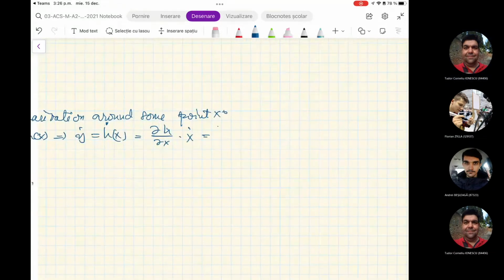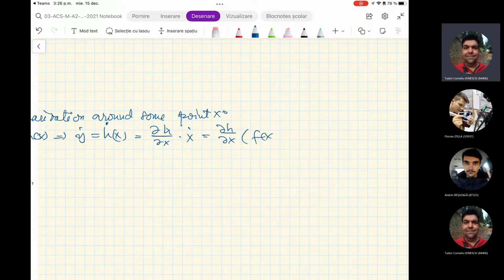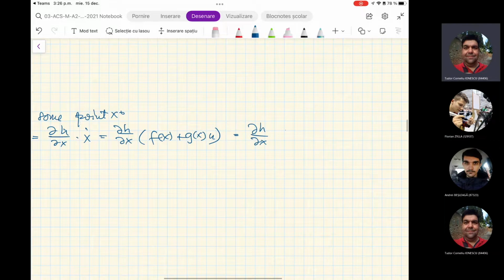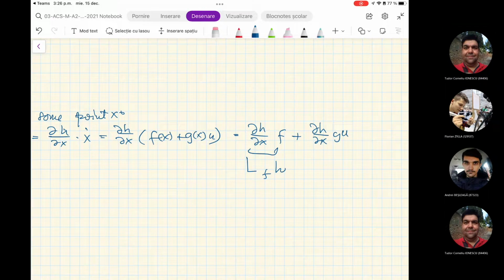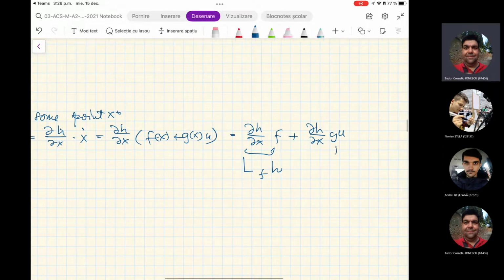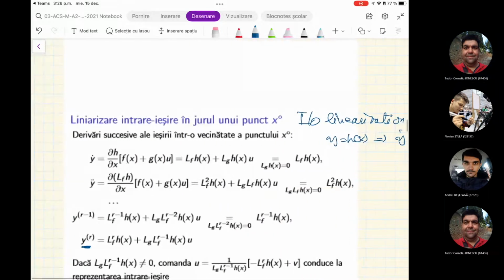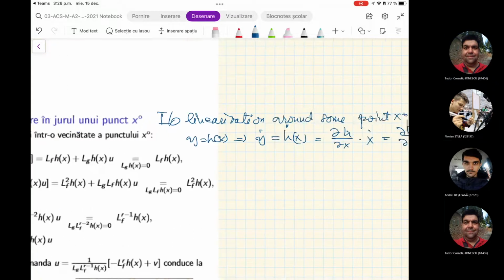So this is L_f h, the Lie derivative of h along f, and this is L_g h, the Lie derivative of the same function h along g. But L_g h(x) is 0.